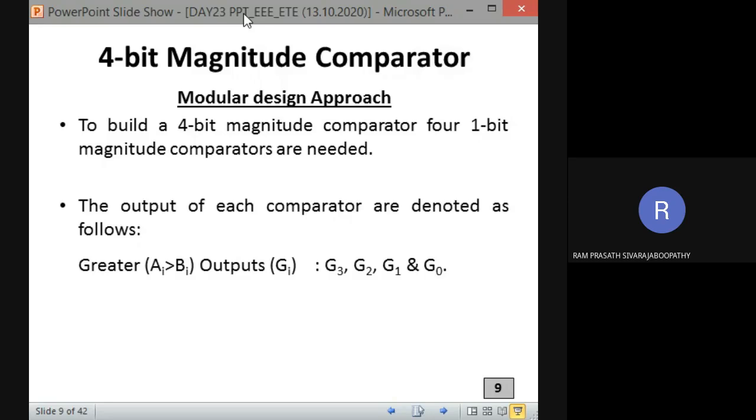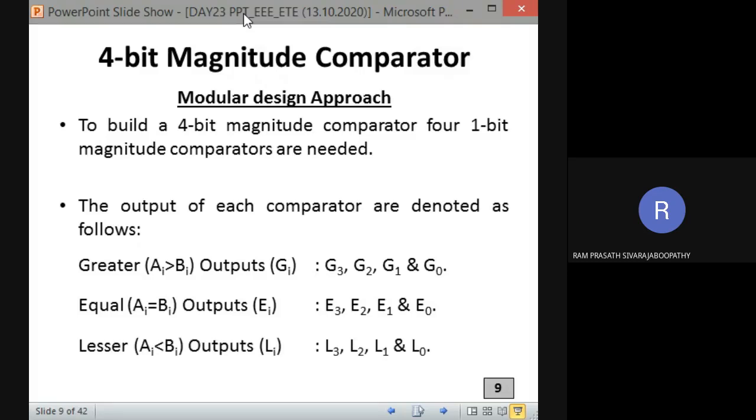Is it clear? What about for equal outputs? E3, E2, E1, E0. Very good. What about for lesser? L3, L2, L1, L0.